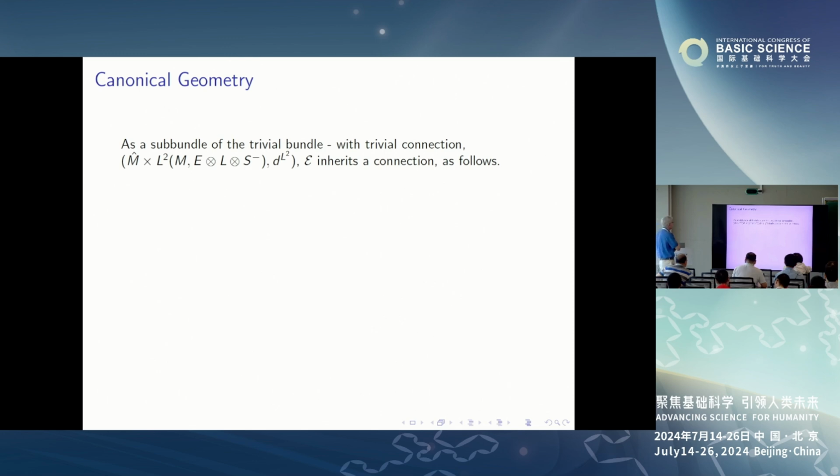So we have M hat cross L2, which is just a trivial Hilbert bundle. So it's infinite dimensional, but it's trivial. And as a trivial bundle it has a canonical trivial connection. And so calligraphic E inherits a connection because it's a subbundle of this trivial bundle. So we can give it a connection in the following way. Let pi_B denote the unitary projection from L2 to the kernel of D_B dagger.